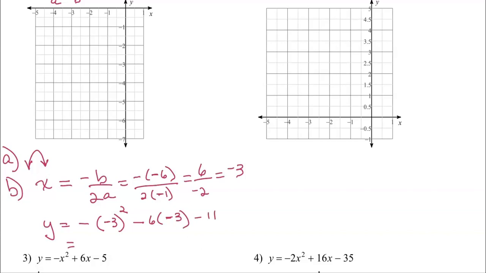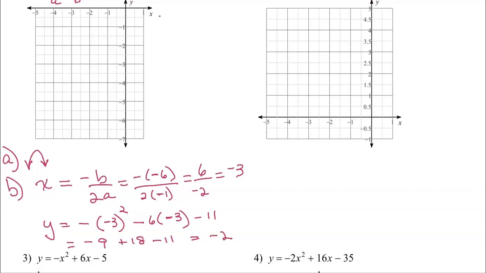Okay, negative 3 squared is 9, so this becomes minus 9. Negative 6 times negative 3 is positive 18 minus 11. Negative 9 plus 18 is positive 9. Positive 9 minus 11 is negative 2.